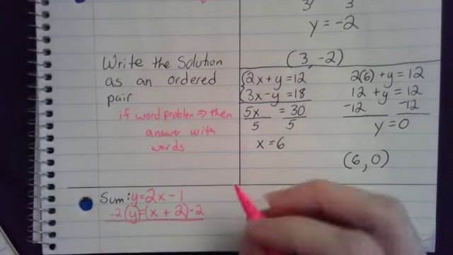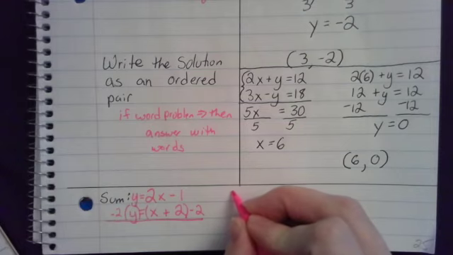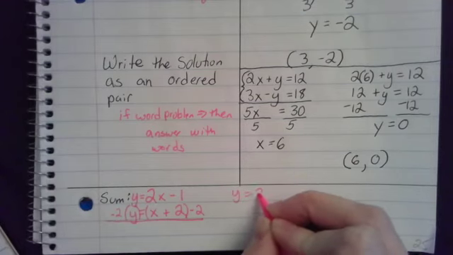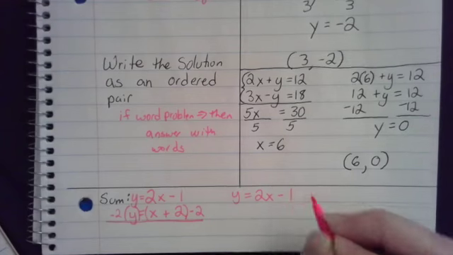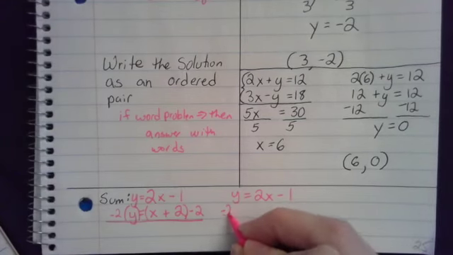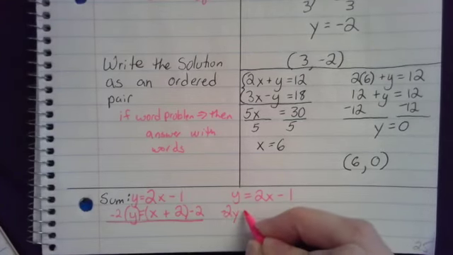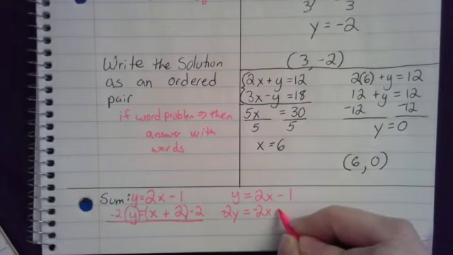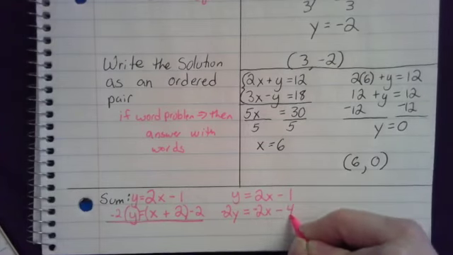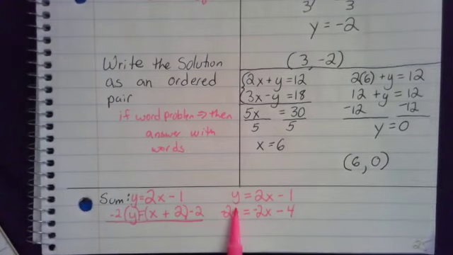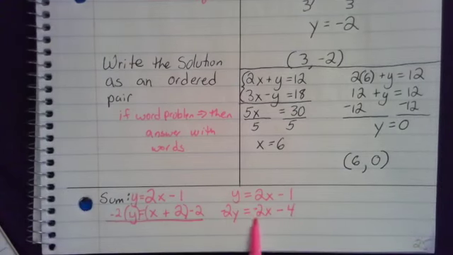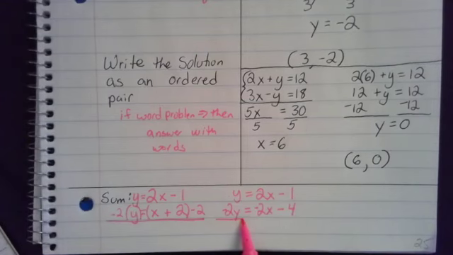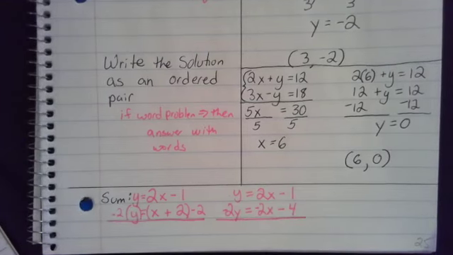So here, I'm just going to rewrite these equations so that you can see, and if you look here, I made opposite coefficients. So now I can just add these two equations.